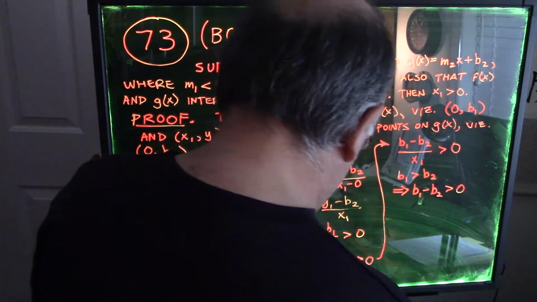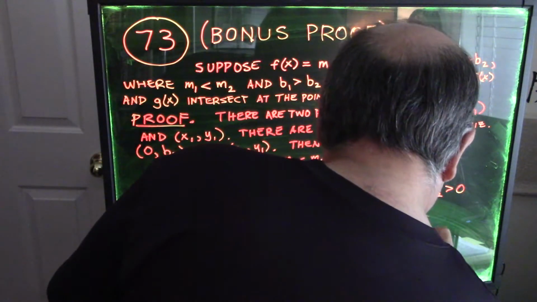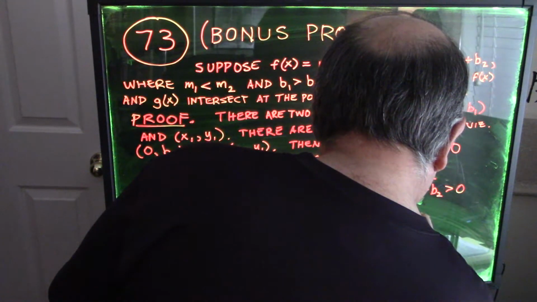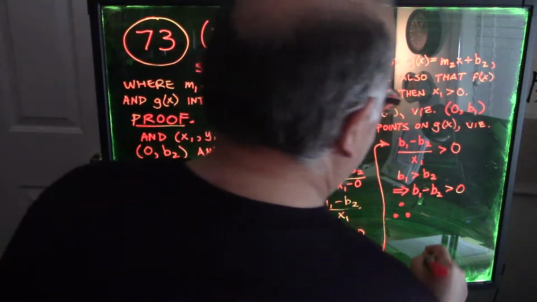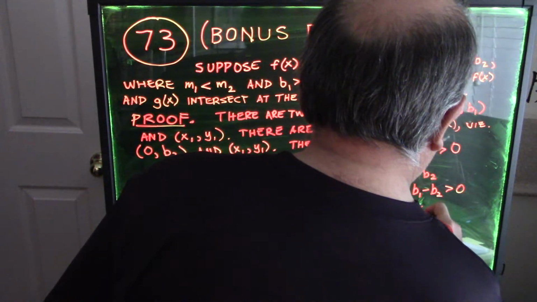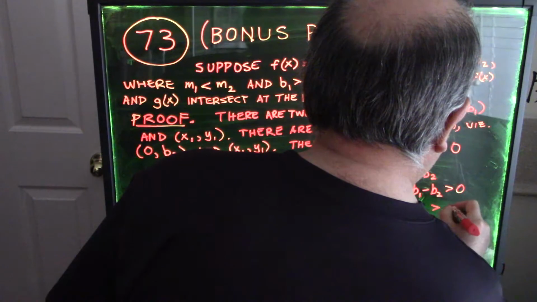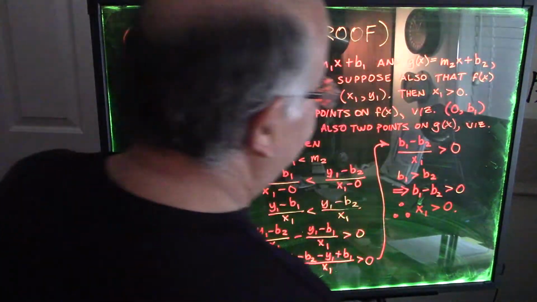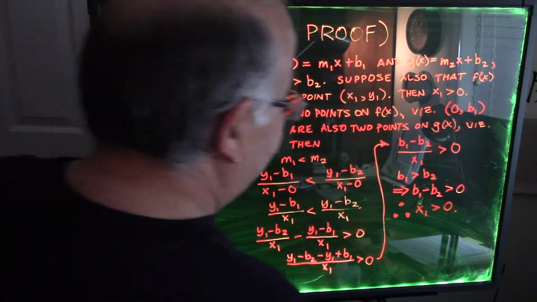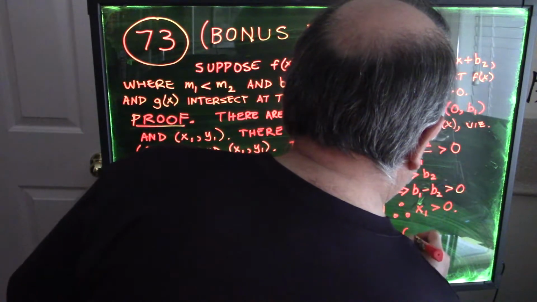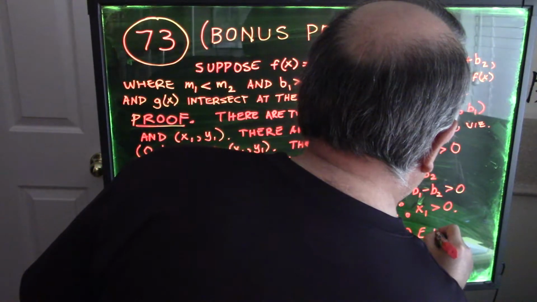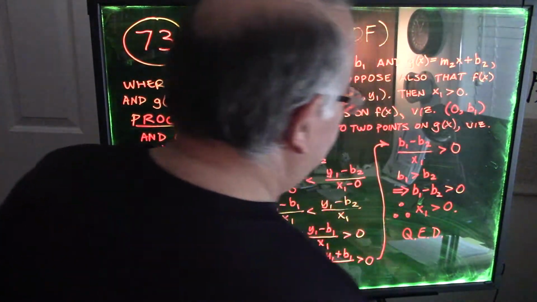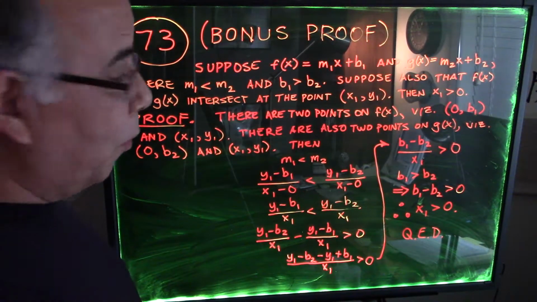Therefore, x1, I'll put the symbol for therefore, 3 dots in a triangular pattern. Therefore, x1 is greater than 0. And now I can write QED, which signals the end of the proof.